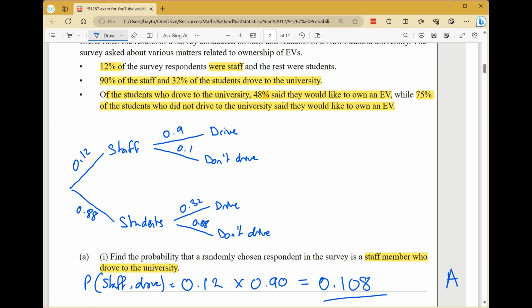And then of the students who drove, 48% said they would like an EV, which means 52% or 0.52 don't want an EV, while 75% of the students who did not drive said they would like to own an EV.